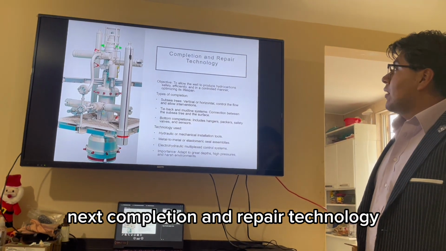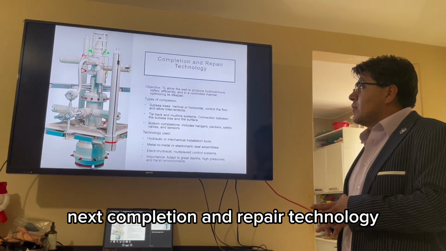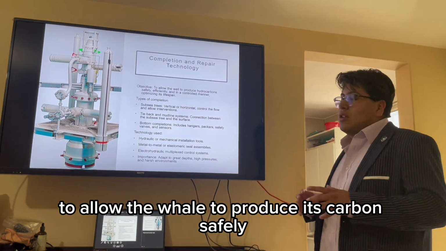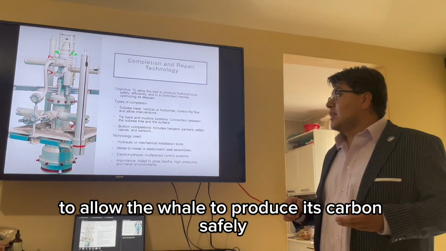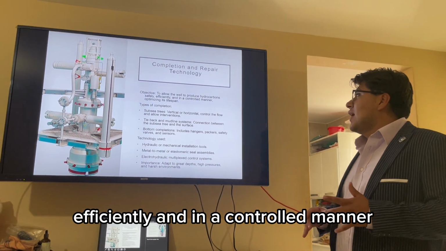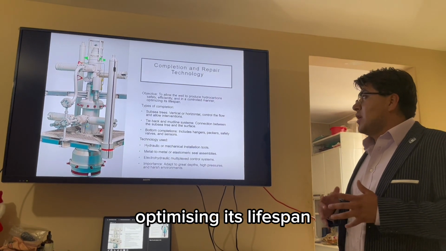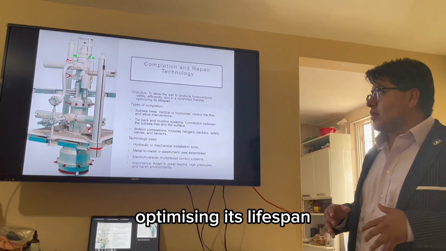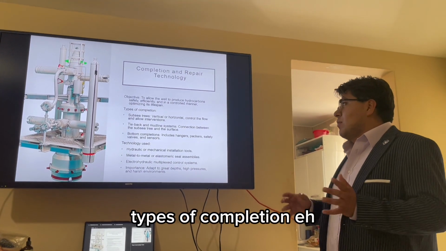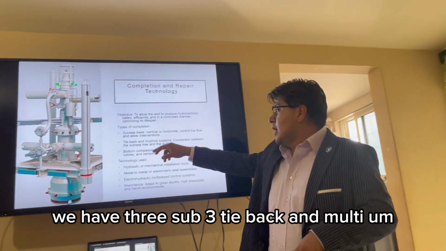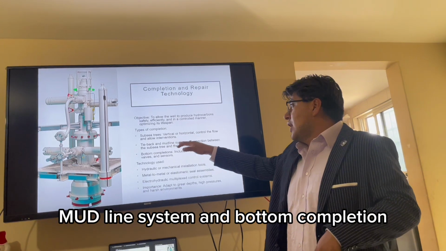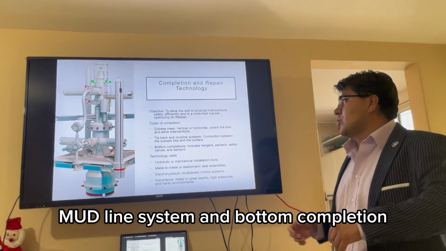Next, completion and repair technology. Objective: to allow the well to produce hydrocarbons safely, efficiently, and in a controlled manner, optimizing its lifespan. Types of completion, we have three: subsea tree, tieback and multi-line system, and bottom completion.